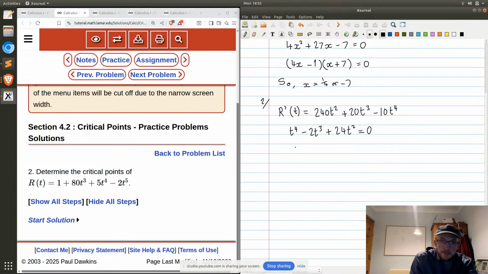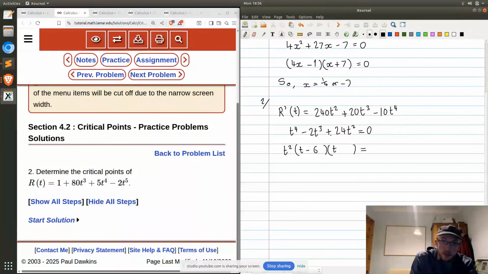Then we factor out t squared and we try to factor the implied quadratic that would be in the brackets, in the larger brackets here. So what would that be? I think it's 6 and 4. So t minus 6 and t plus 4. Uh-oh, but wait.